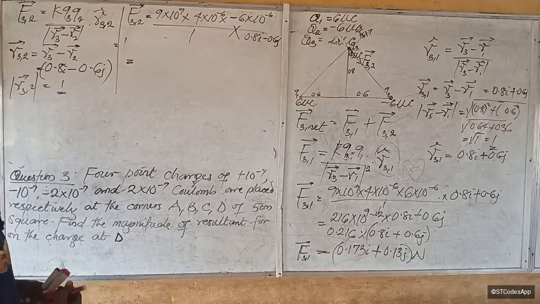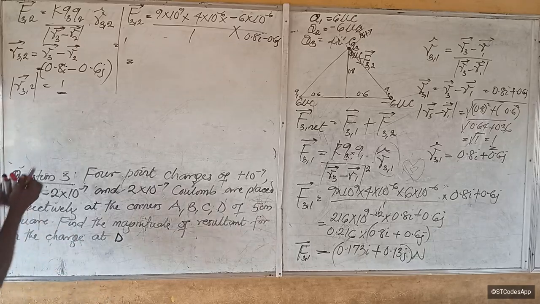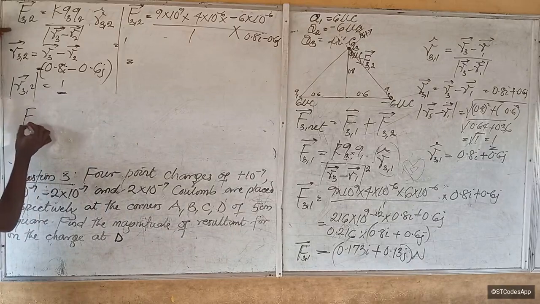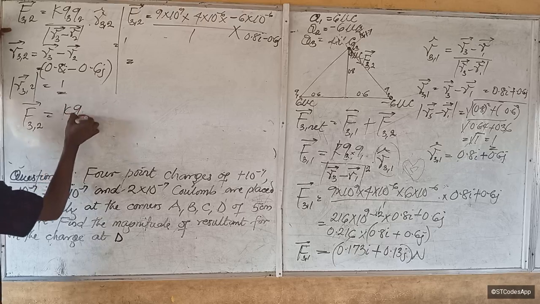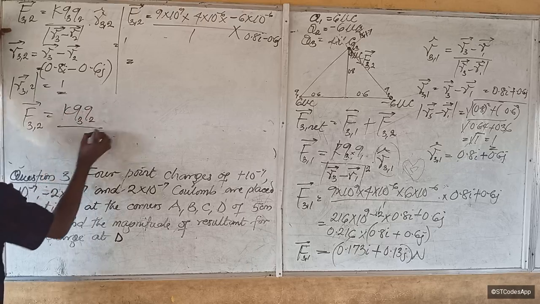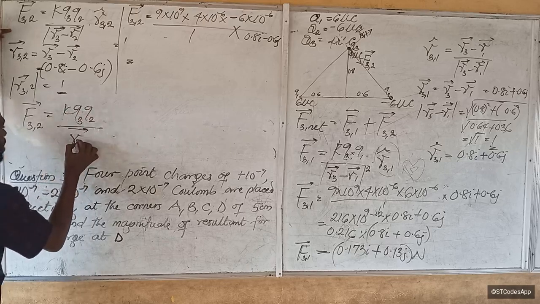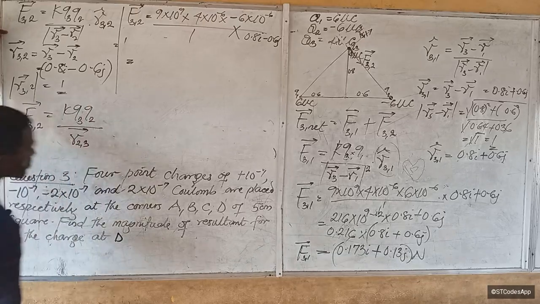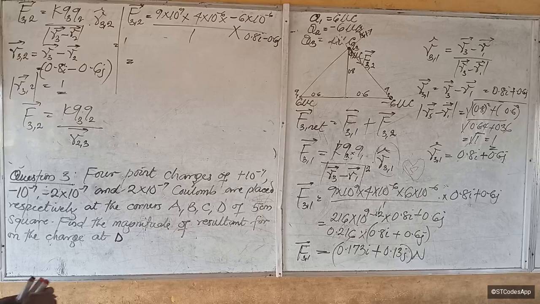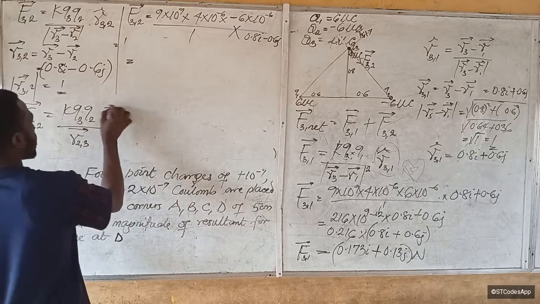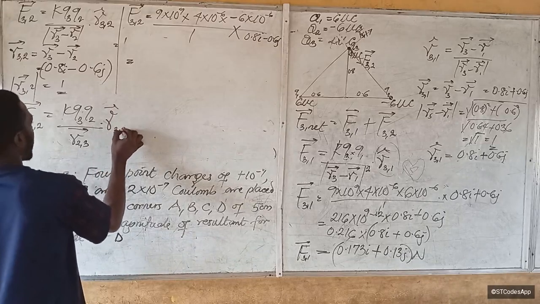So now to reaffirm what I was saying the other time, this force on 3 due to 2 will be equal to kq3 q2 over position vector r2 comma 3 this way, okay, then dot r hat 3 comma 2.